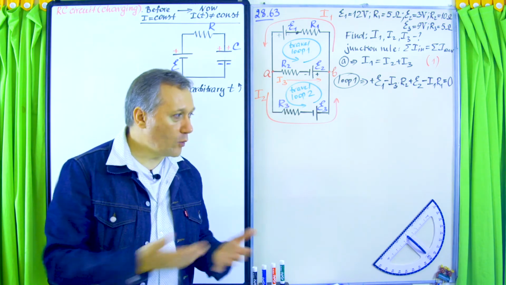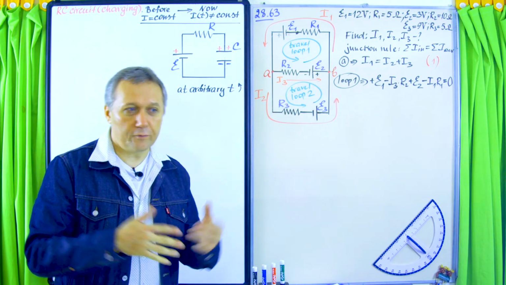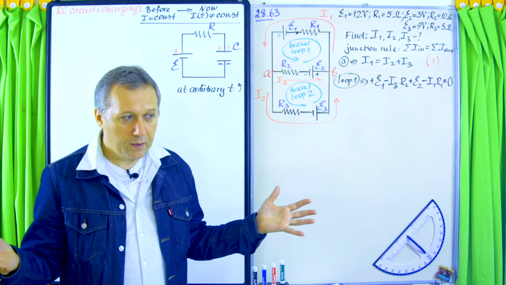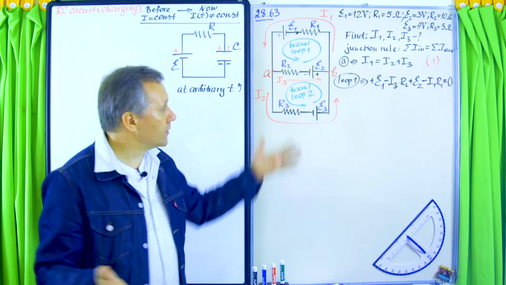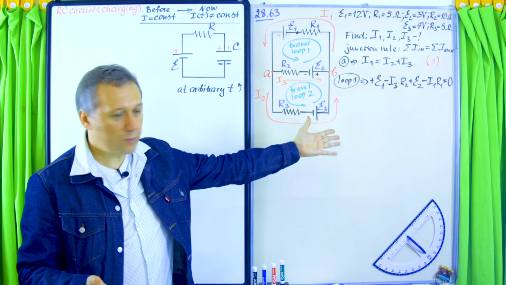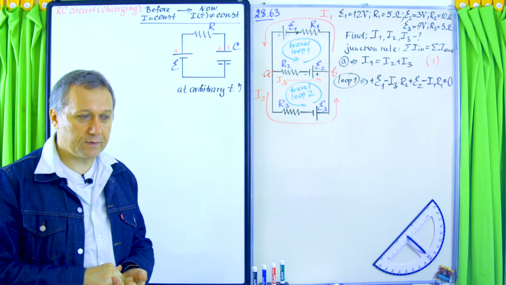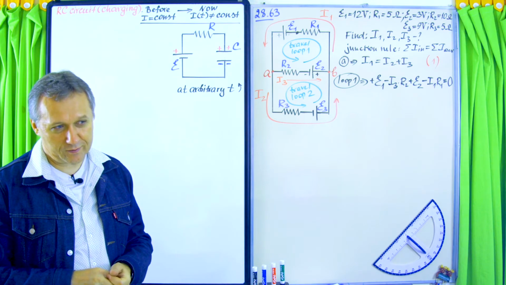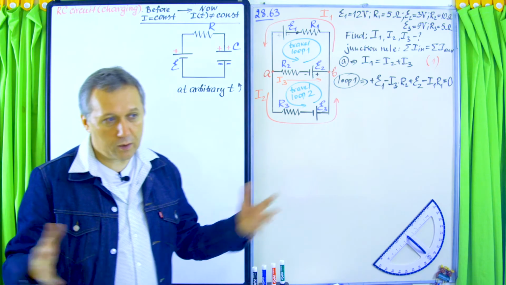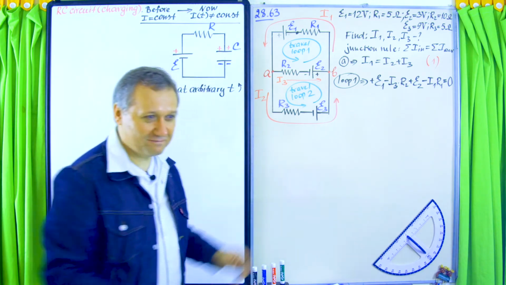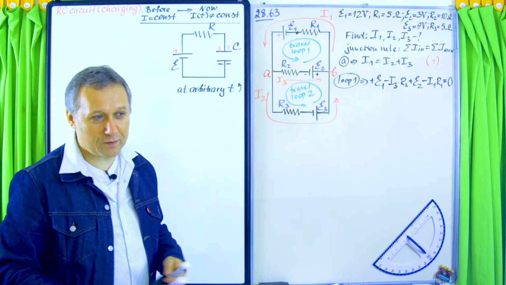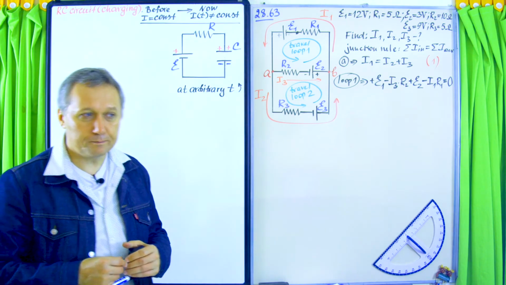But here I looked through almost all physics books which I have, and they all use the three current method like this, because in that case it's easier to explain physics, it's easier to justify everything than with two currents. So if you're okay with the two current method, use it.